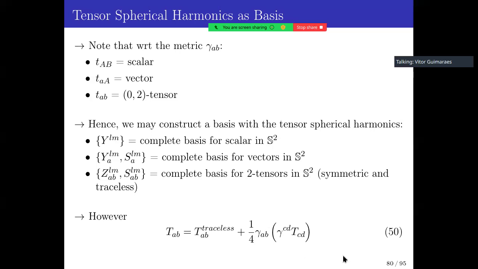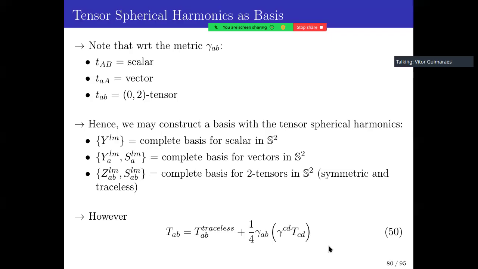Any two-tensor can be decomposed in such a way. If they are traceless, this will be equal to 0, which means that T_AB is equal to the traceless part only. The same way that symmetric and antisymmetric parts work: we saw how to decompose tensors into symmetric and antisymmetric parts. Here we are decomposing the tensors into traceless and trace parts. This is the trace part and this is the traceless part, okay?